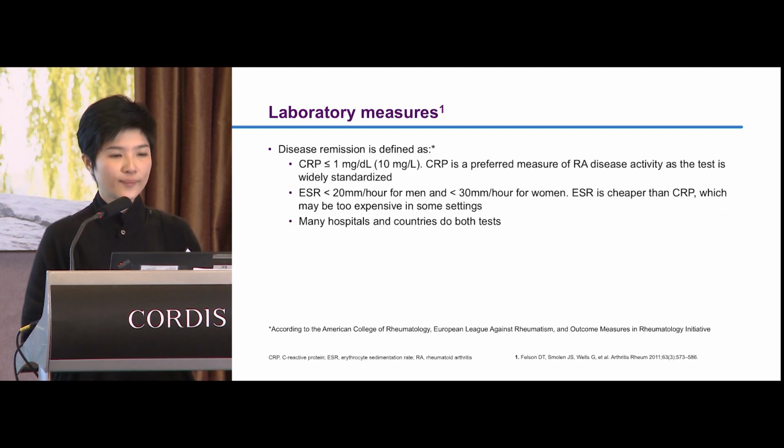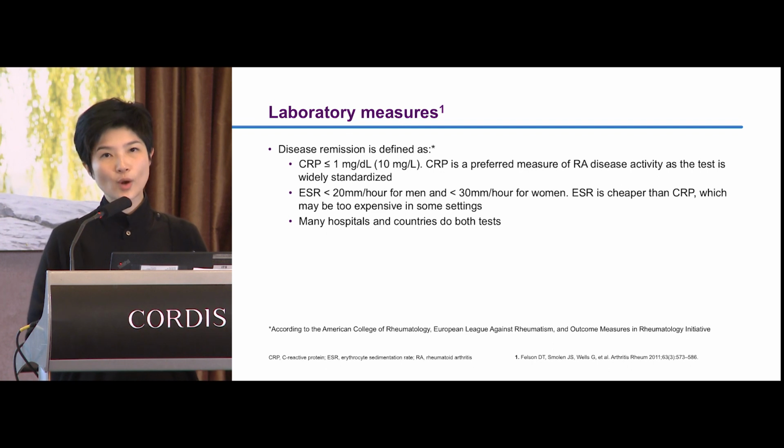For laboratory measures, disease remission is defined as CRP less than 10 milligrams per liter. CRP is the preferred measure of RA disease activity as the test is widely standardized.